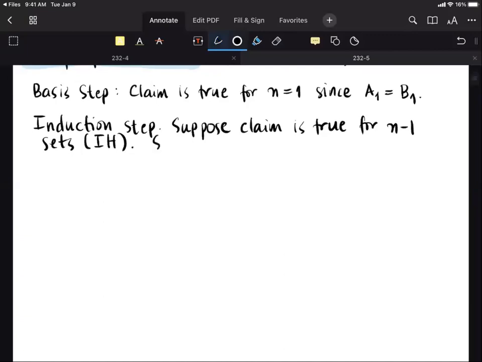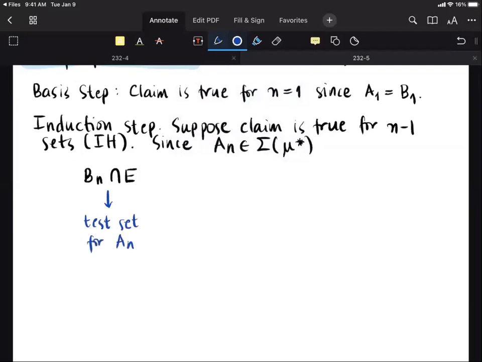Now, let's start with the fact that An, by assumption, is measurable. So let us take Bn intersection E as our test set for An.